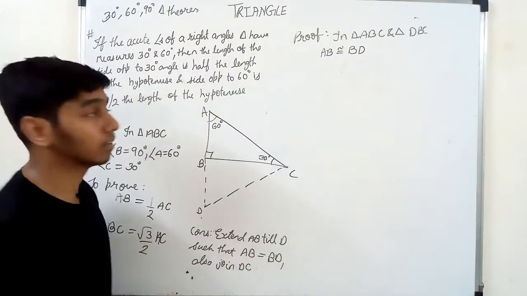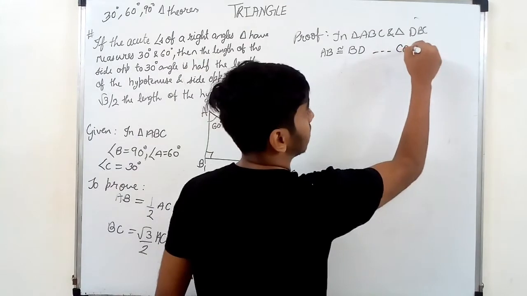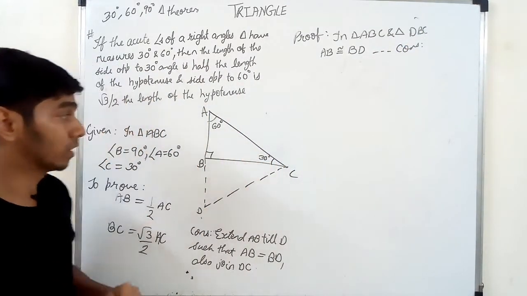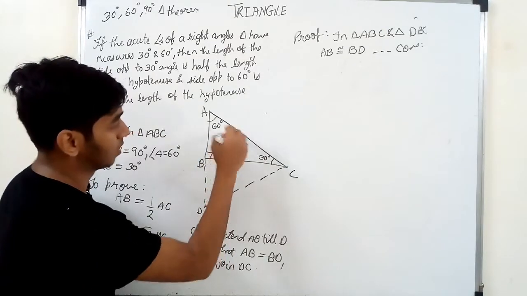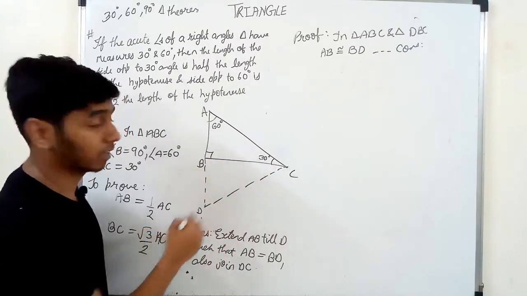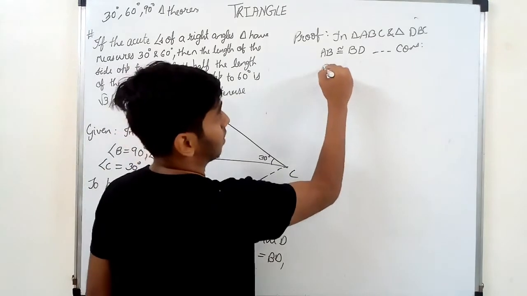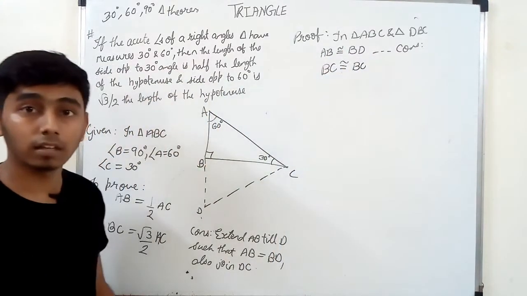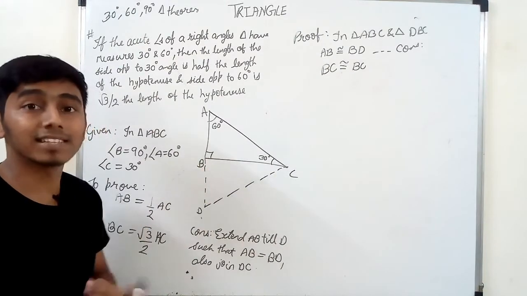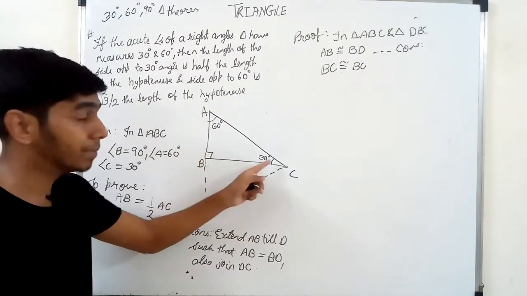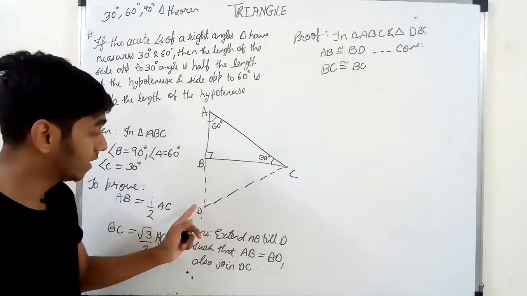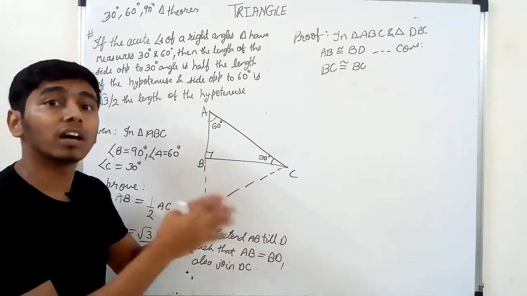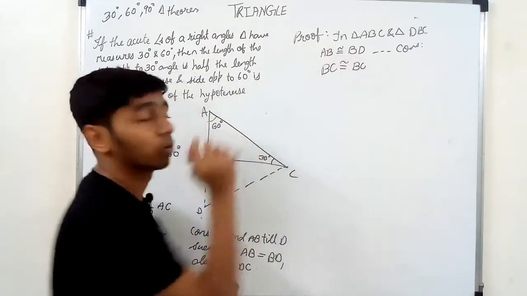Why? Construction, so we'll write the reason as construction. Now let's see what else. BC is congruent to BC. Why? Because this is the common side. In triangle ABC, BC is there, and in triangle DBC also there is side BC. So they both are common. Therefore BC is congruent to BC.